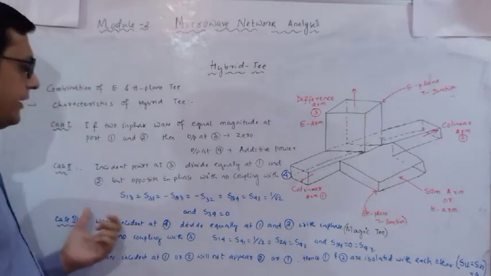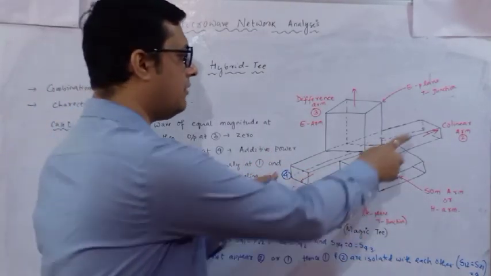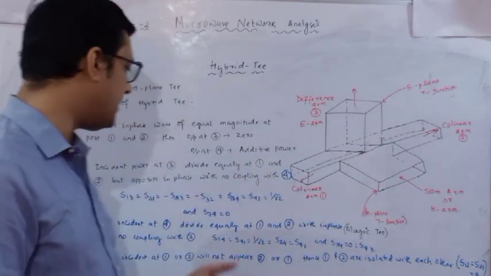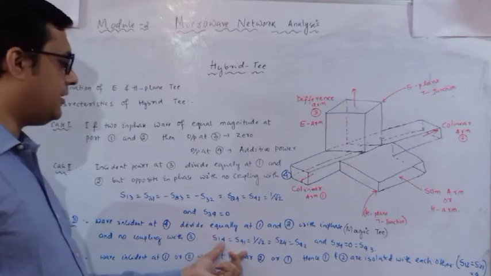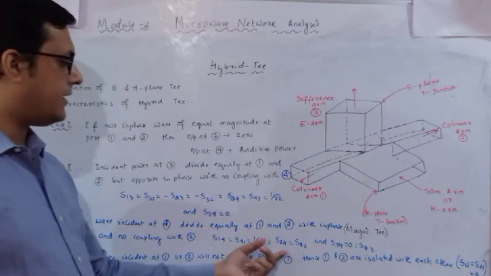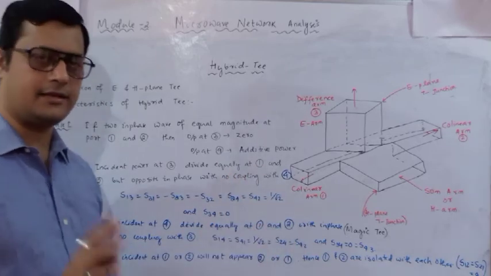Next, the third one, wave incident at port 4. The same power will split into two equal halves at port 1 and port 2 in phase. So for that I have written S14 is equal to S41, which is equal to 1 by root 2. S24 is equal to S42, same as this, so I have assigned this 1 by root 2.